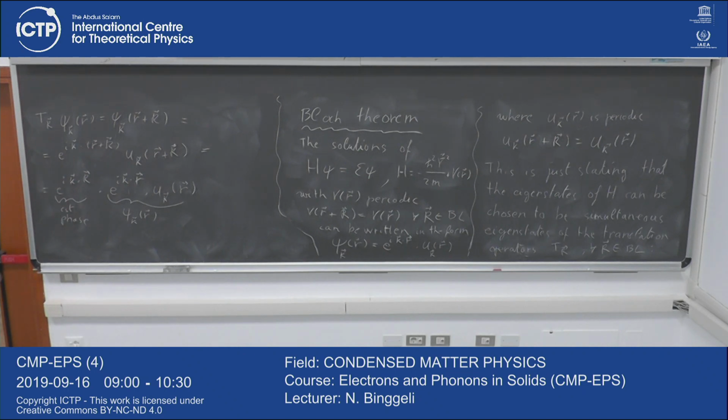which can be labeled with this vector k, which is therefore a good quantum number. And this is valid for any R belonging to the Bravais lattice. So the Bloch states are just eigenstates of the translation operator for the Bravais lattice, translation of the Bravais lattice.